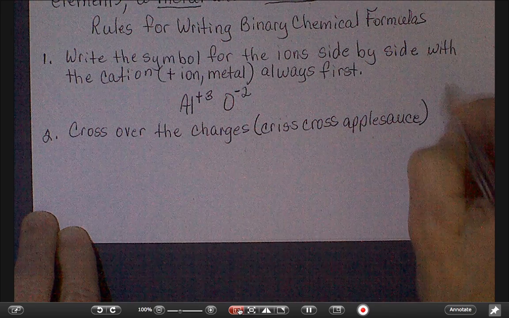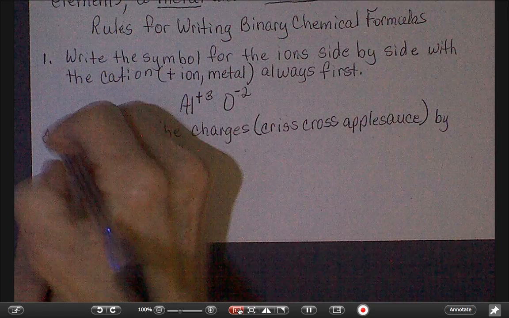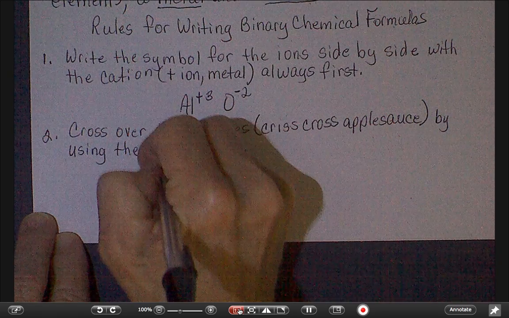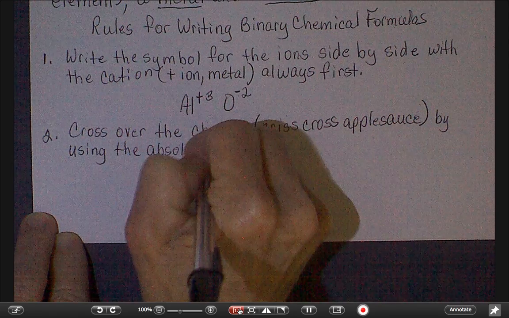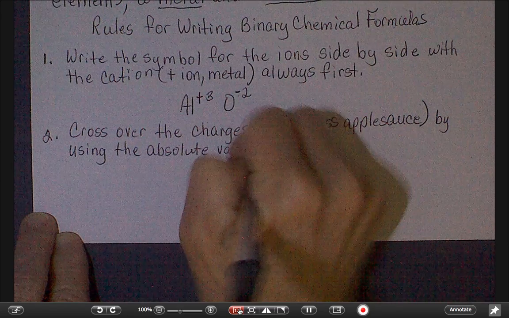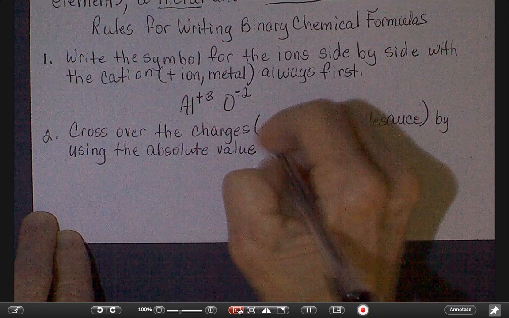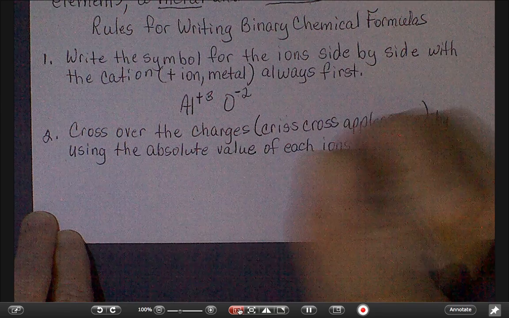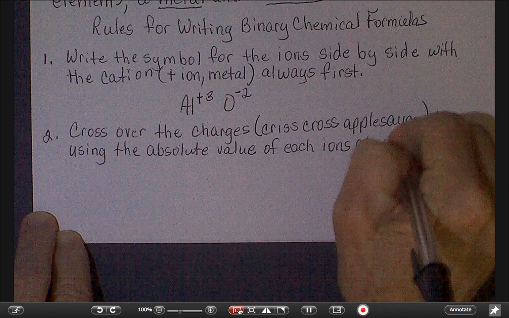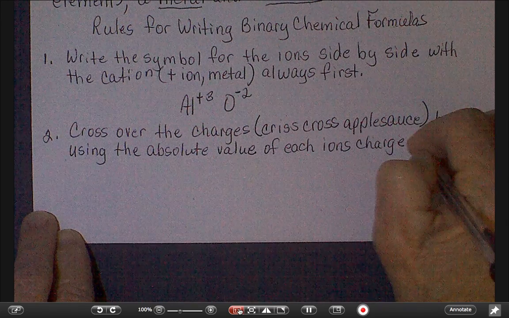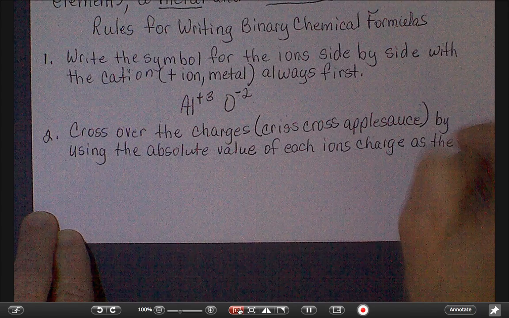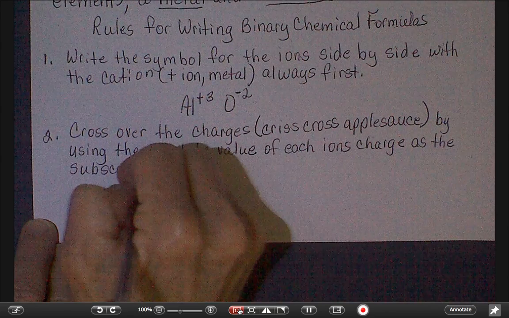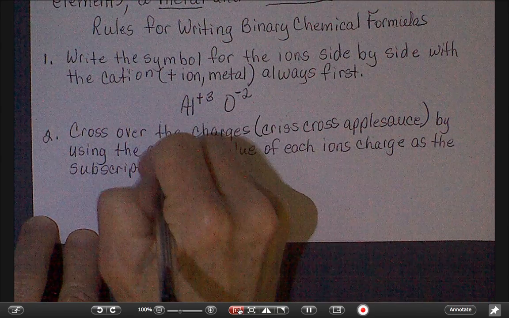By using the absolute value of each ion's charge as the subscript for the other ion.